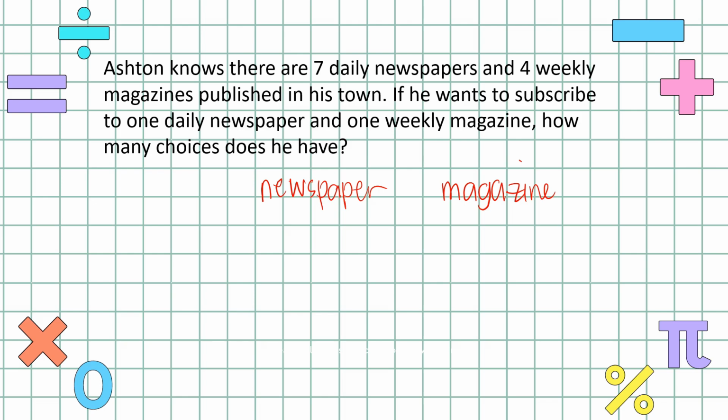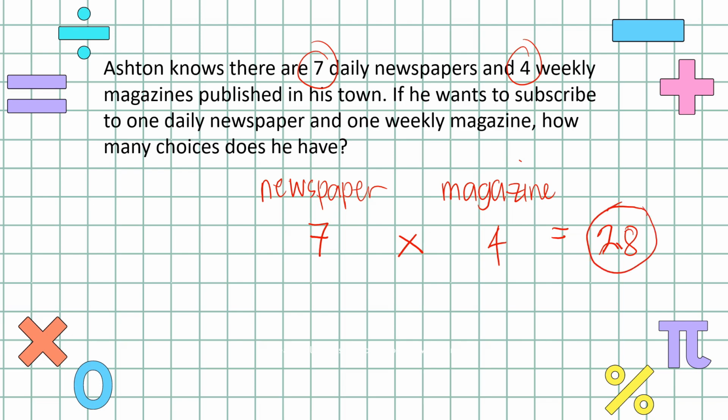If we want to do both, we simply multiply the number of options we have for the newspaper, that is 7, and under magazine, we have 4 options. So combining them together, we'll have a total of 28 possible options.